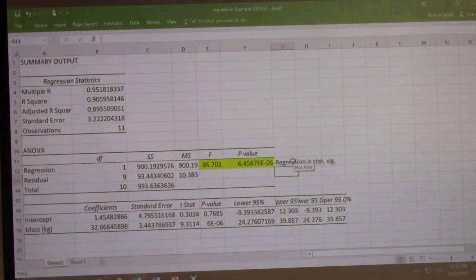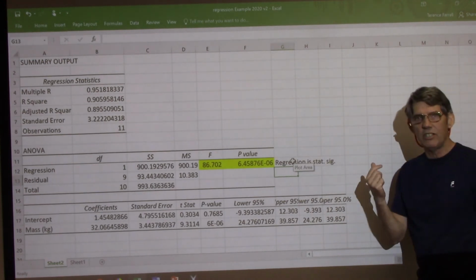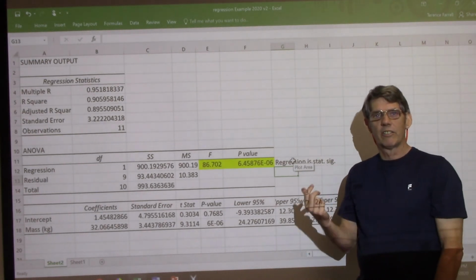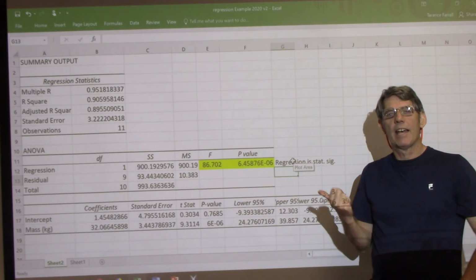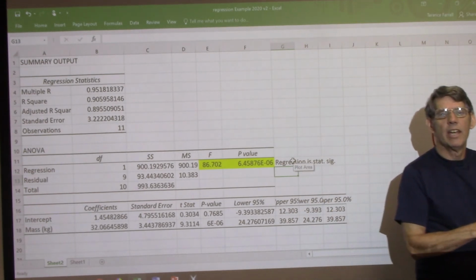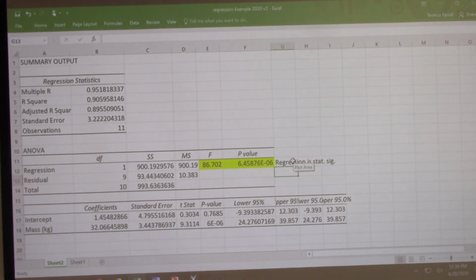Put in terms of your data, it means there's a statistically significant linear regression between the body mass of female iguanas and the number of eggs they lay.